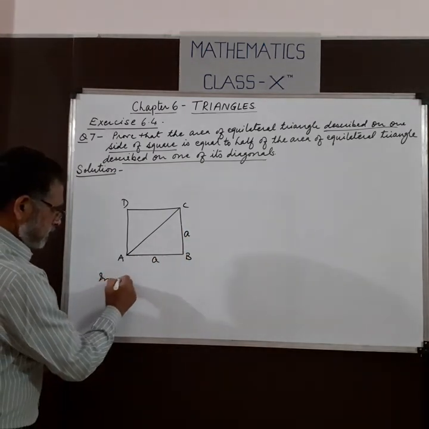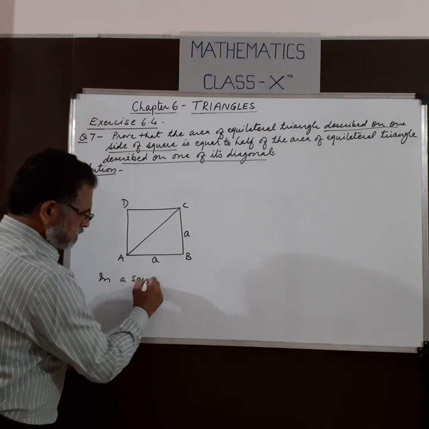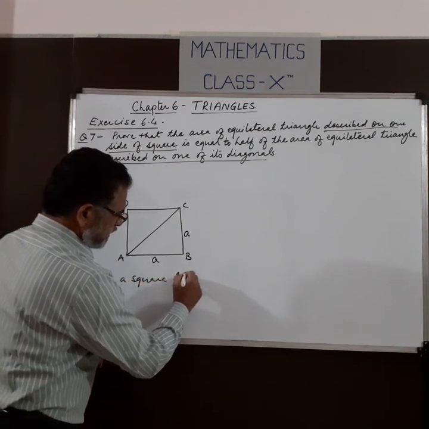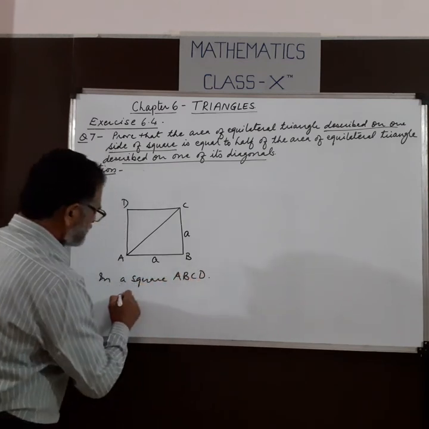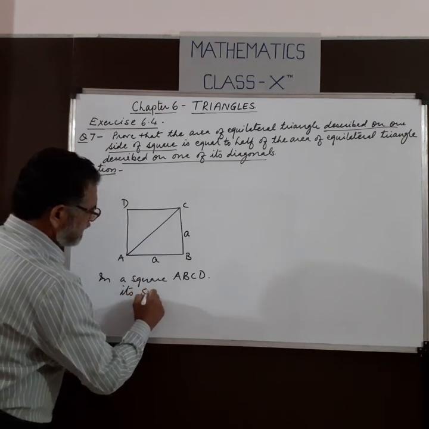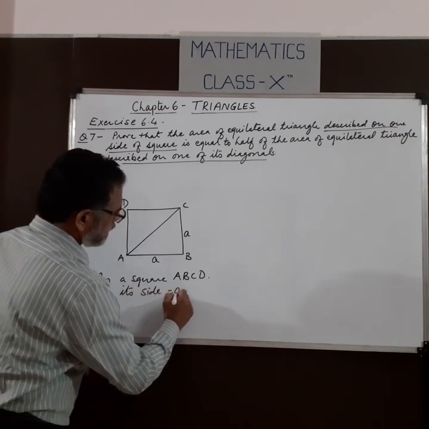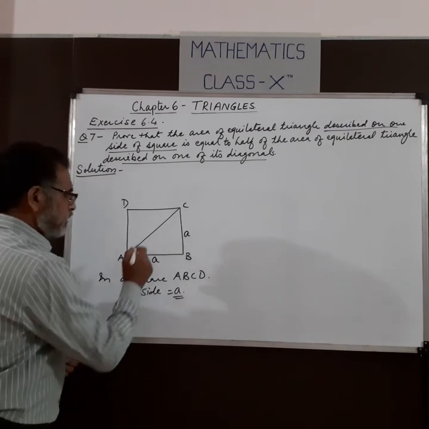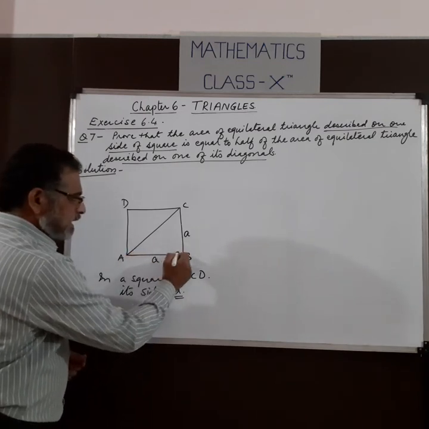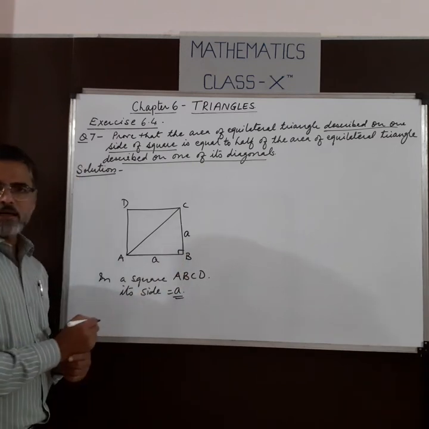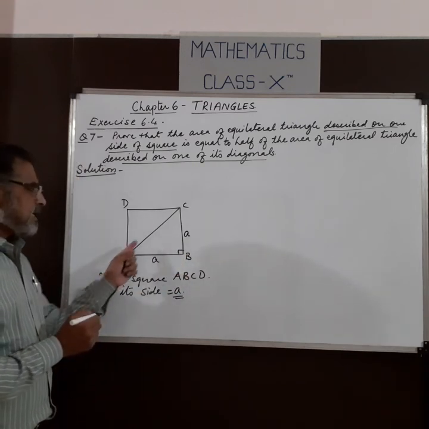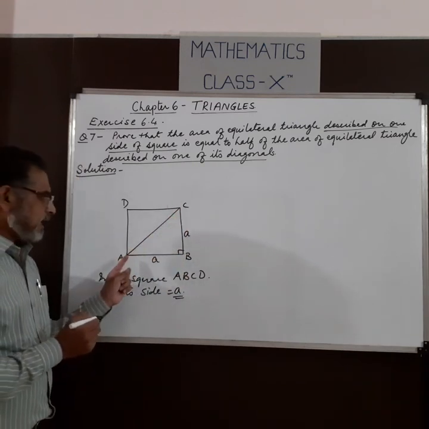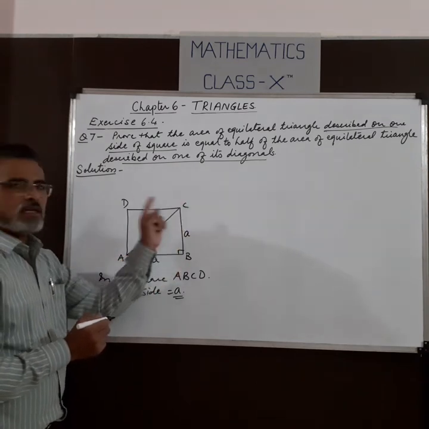In square ABCD, its side is A. Okay. Now, because each angle of a square is a right angle, with this diagonal AC we have a right angle triangle ABC.